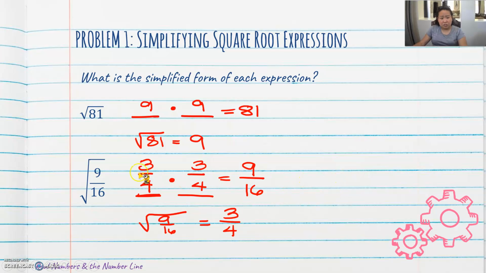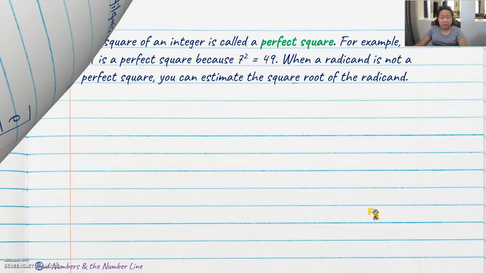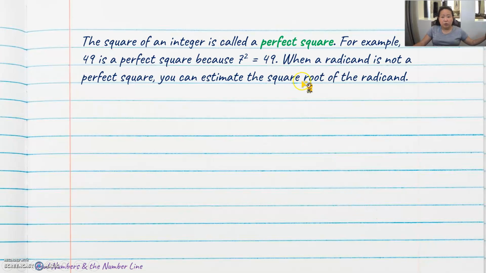All right? So these numbers here in this example are what we call perfect squares. Perfect squares are the answer when you multiply a certain number to itself. So for example, 49 is a perfect square. Why? Because 7 squared, 7 times 7, is equal to 49. Now, when a radicand, the number inside the radical symbol, is not a perfect square, then you can estimate the square root of the radicand.